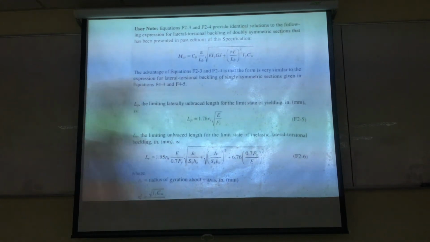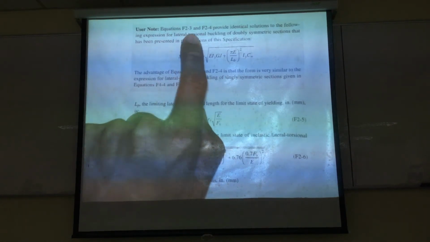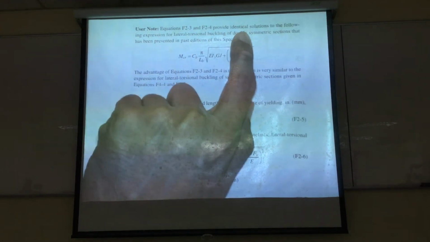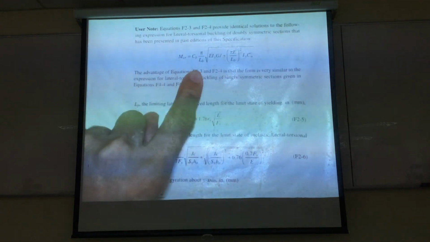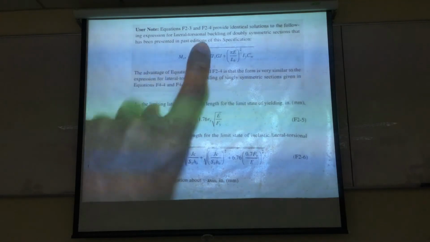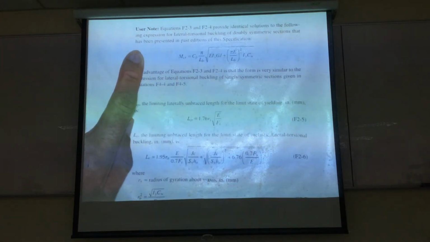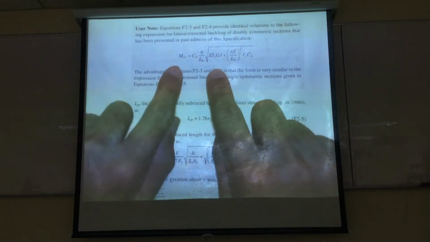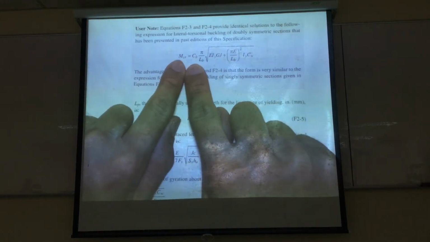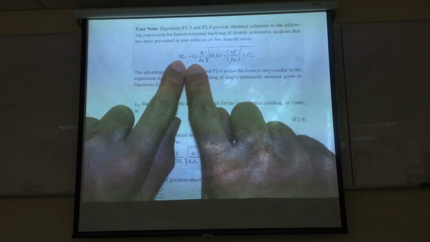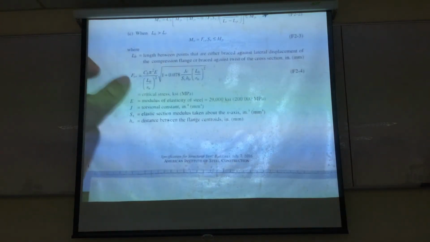But as mentioned, equation F2-3-4 provide identical solution to the following expression. Okay, this is the expression derived for lateral torsional buckling for doubly symmetric section that has been presented in the past edition. So it's basically just change the way the formulation is given out. Here it is given out in the M critical. Here it gives the F critical.